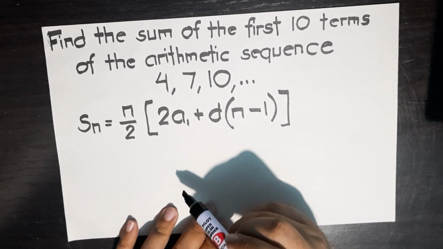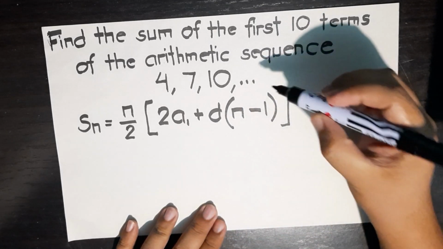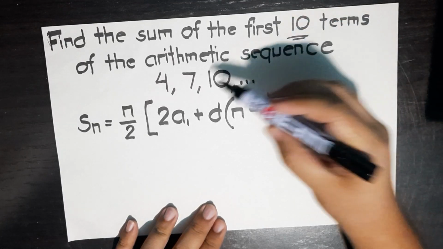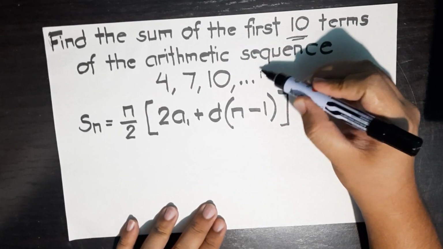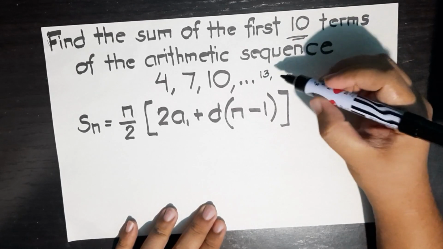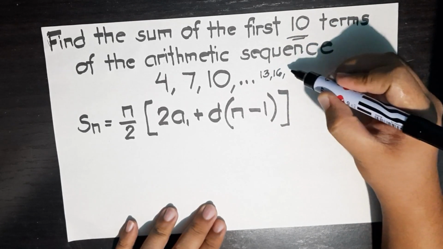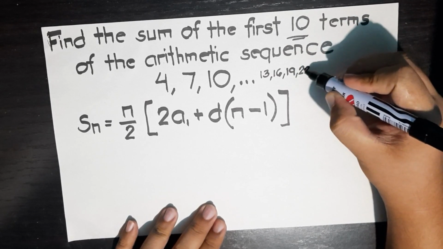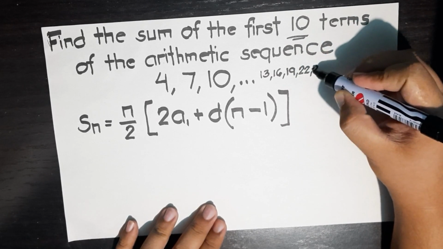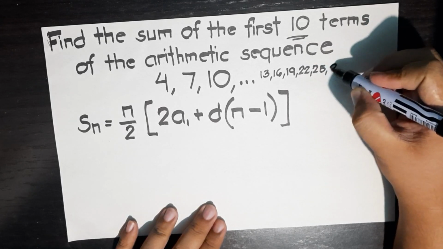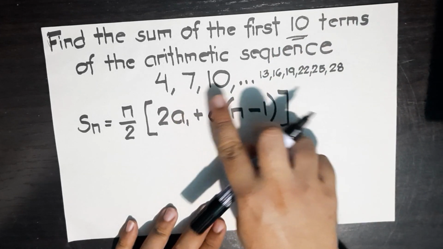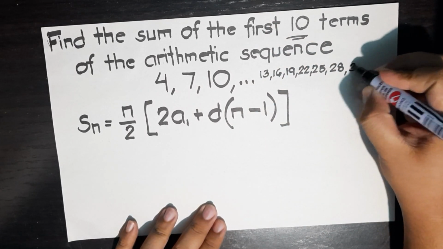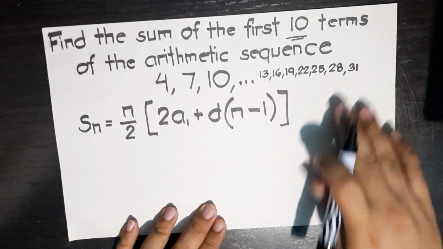So just continue the sequence until you reach the 10th term: 4, 7, 10, 13, 16, 19, 22, 25, 28, 31. That's your first 10 terms of the sequence.